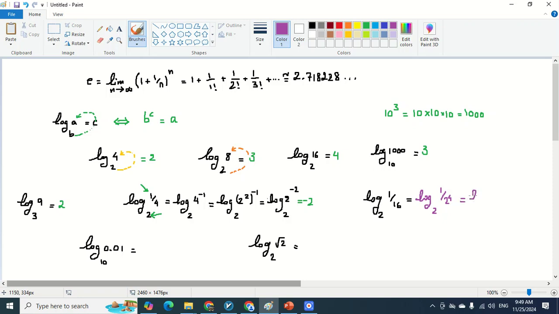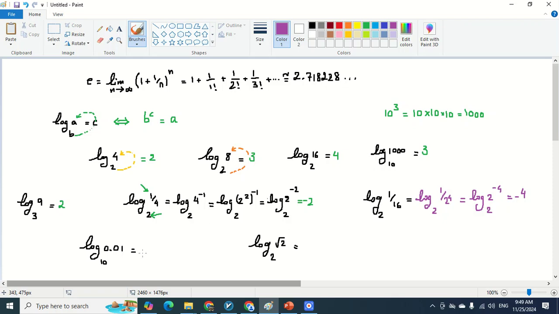Then we have log of 2 to the power of minus 4 in a base of 2, and the result should be equal to minus 4, as you can see over here. Because 2 to the power of minus 4 is 1/16.